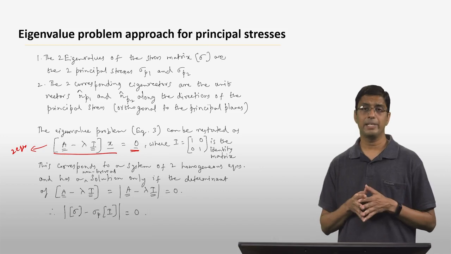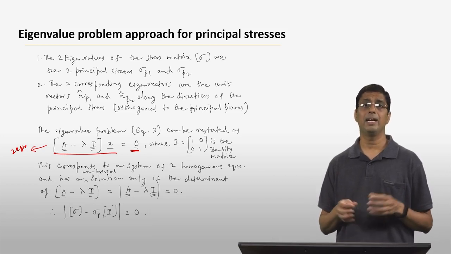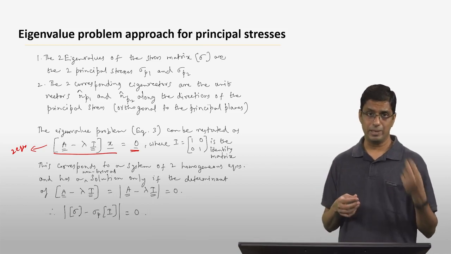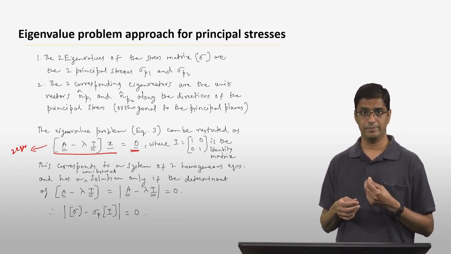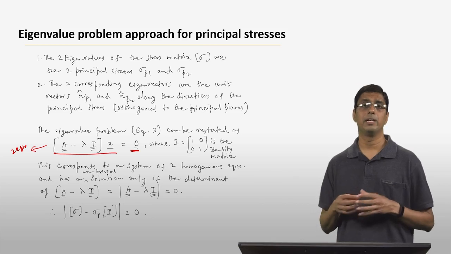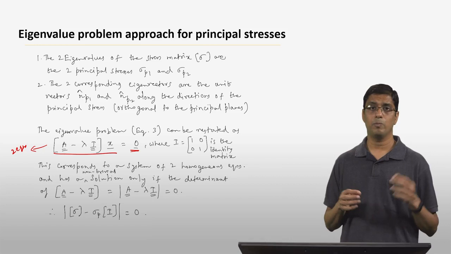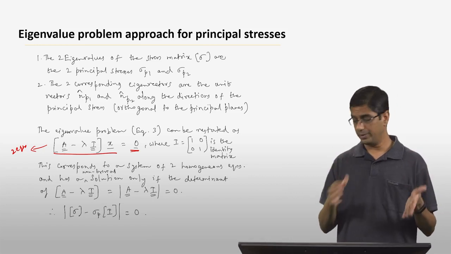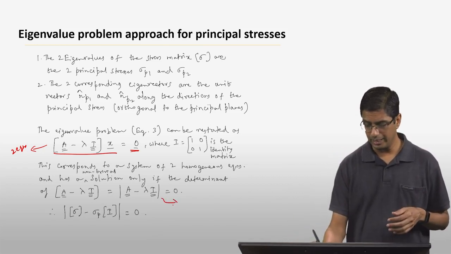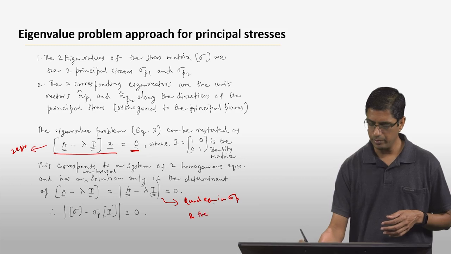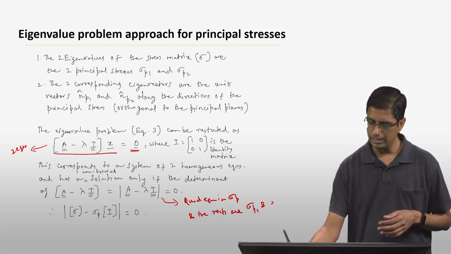Why are we doing this? Because if you take the determinant of this matrix and equate it to 0, you will get a quadratic equation in sigma p. If you think about the two principal stresses as being the roots of this equation, then when you take the determinant of this matrix you get a quadratic equation in sigma p, and the roots are sigma p1 and sigma p2.